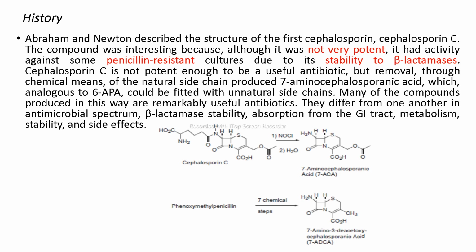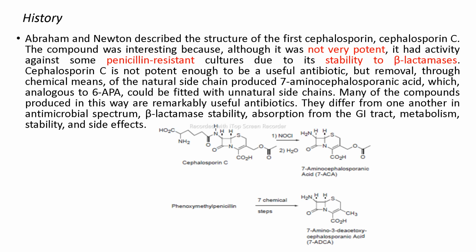but removal through chemical means of the natural side chain produced 7-aminocephalosporanic acid, which is the analog of 6-APA. So cephalosporin C gets converted by a hydrolysis reaction into 7-ACA, which looks like 6-APA. In the degradation of penicillins, we have seen that penicillin in acidic medium gets degraded into 6-APA, right?